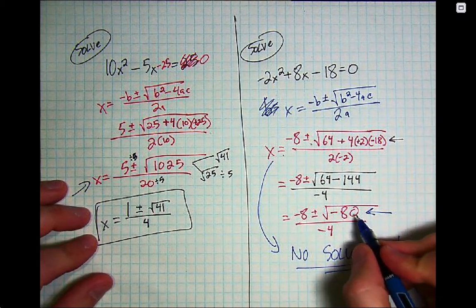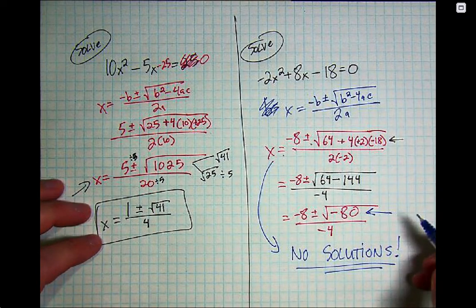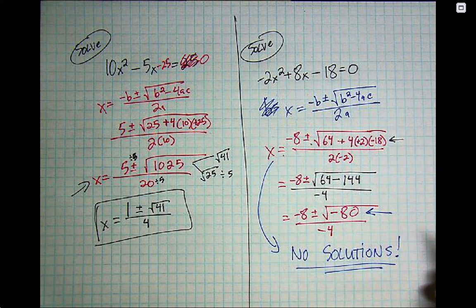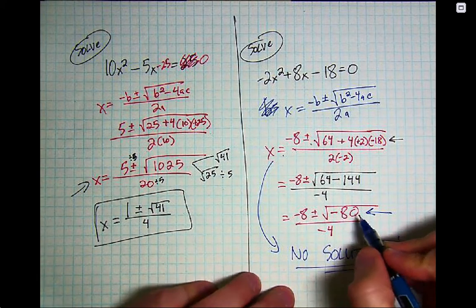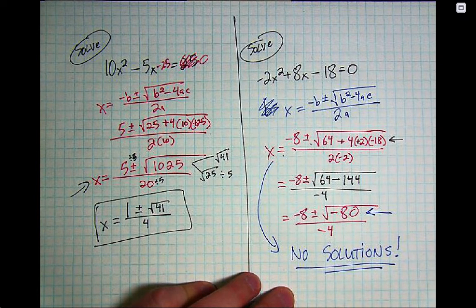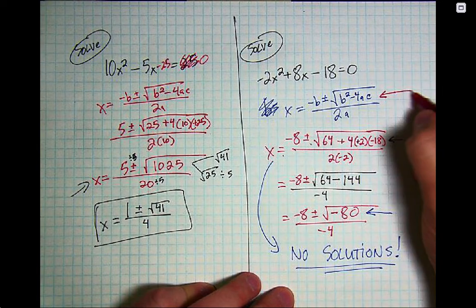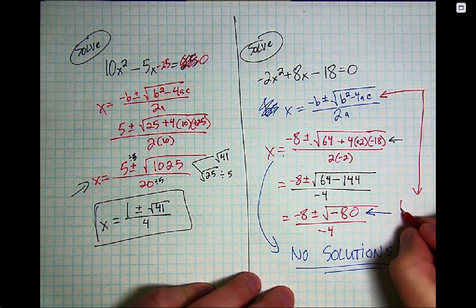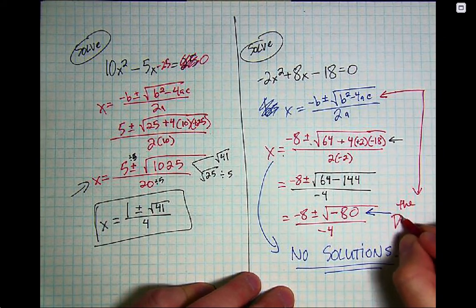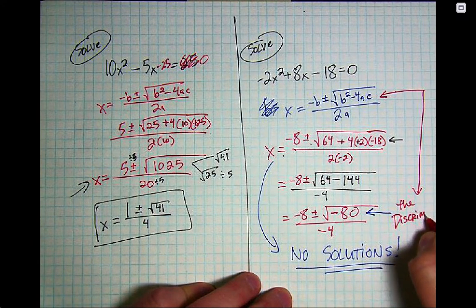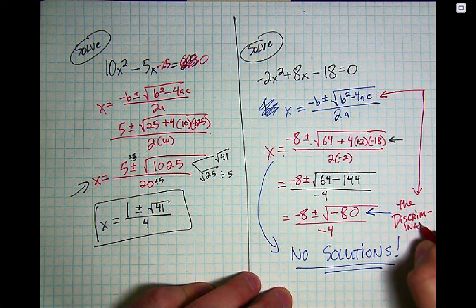So I want to talk just for one more second before we close this video out about that number inside the radical. It has a name. That b squared minus 4ac part of the quadratic formula has a specific name. It's called the discriminant.